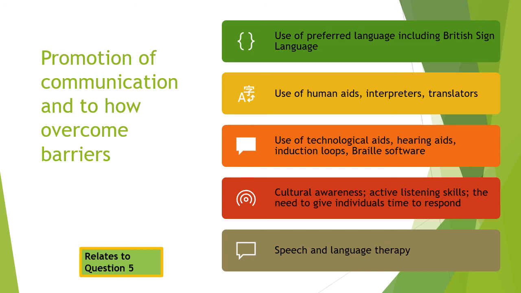The use of human aids, for example, interpreters, translators. The use of technological aids, so hearing aids, induction loops, braille software. Cultural awareness, active listening skills, the need to give individuals time to respond, and speech and language therapy.